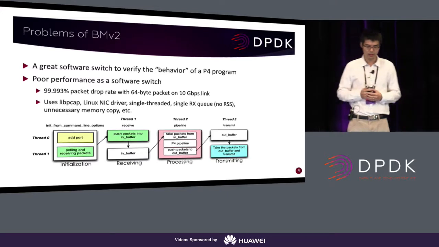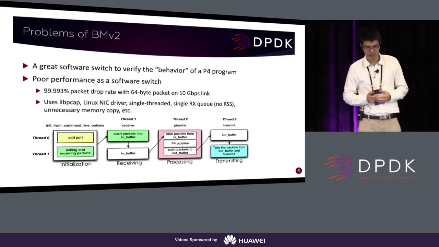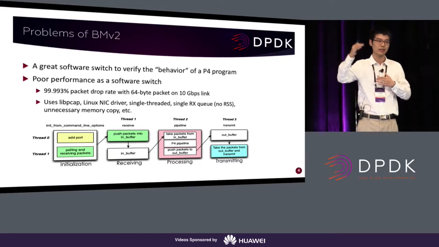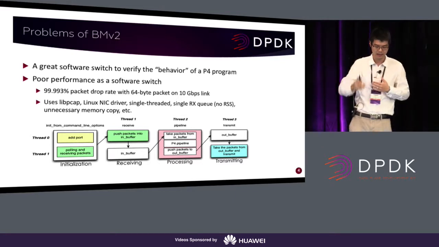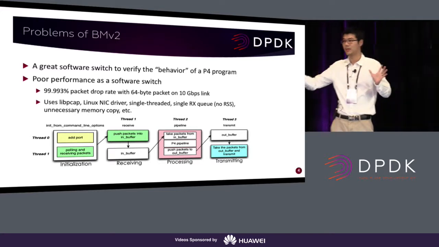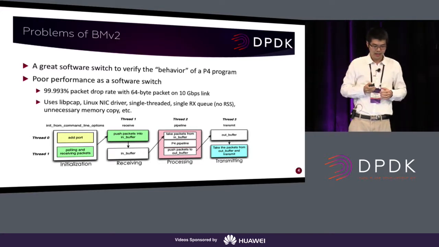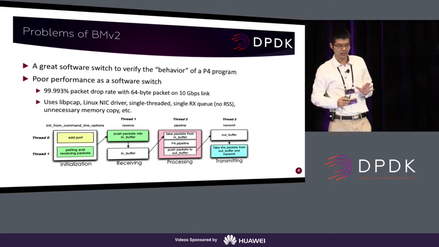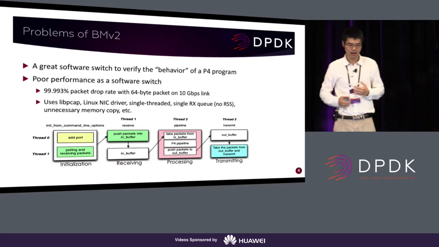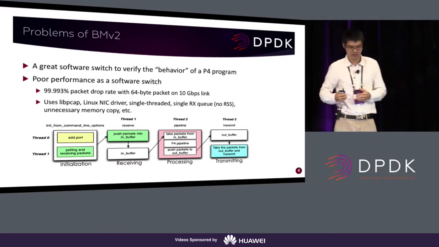Just to name a few. If you look at this diagram, there are four major steps included in the BMV2 code base. That is initialization, receiving, processing, and transmitting. On the receiving side, it uses libpcap, which is a well-known library that is kind of slow in some cases.